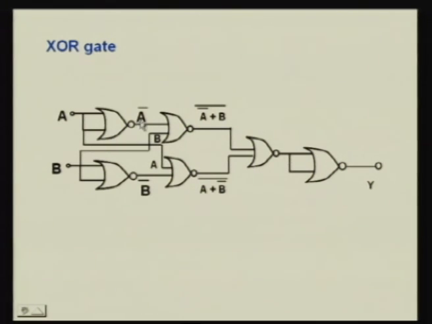We take A bar and B bar, and apply A bar B and AB bar at the third and fourth NOR gates, and we will be getting the complement of A bar B and of AB bar. If we again use these two as the input of a NOR gate, we will get the output as the complement of the whole sum, and if we complement it again, we will get the output of a XOR gate.